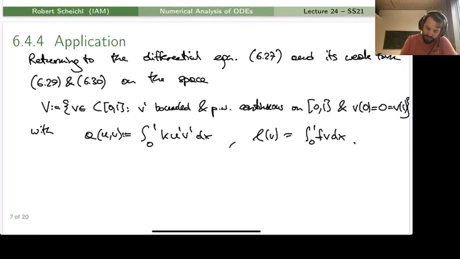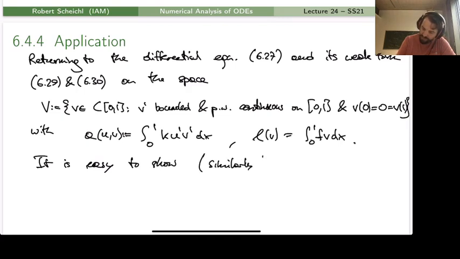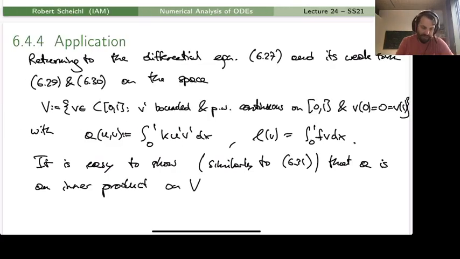Now it is easy to show, similarly to 631, which was the result I quoted from the proof of existence and uniqueness before, that A is in fact an inner product on that space V. I believe it might be an exercise on the problem sheet. If not, you can try proving it yourself.